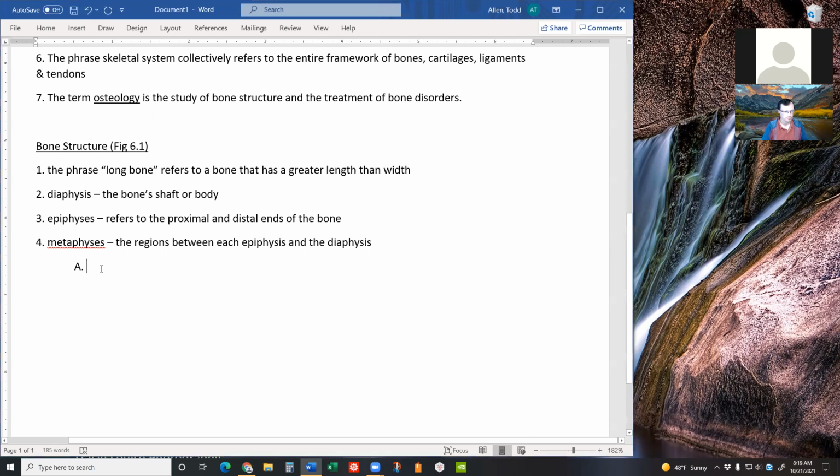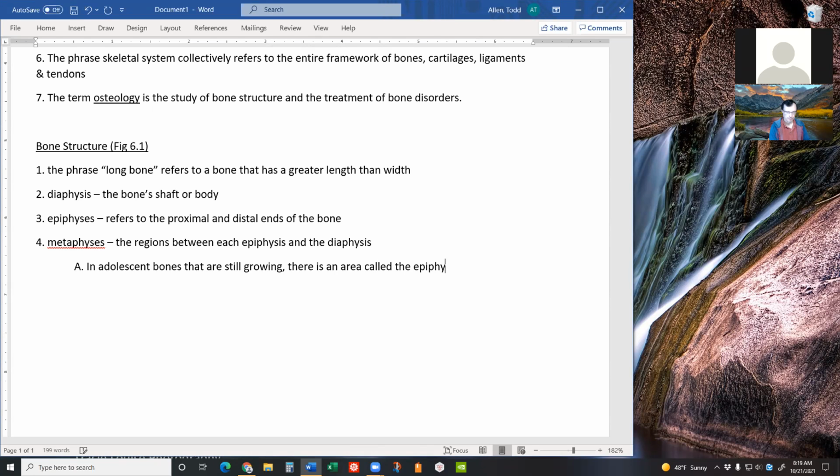All right. So let's do this. Long bones grow in adolescent bones that are still growing. There is an area called the epiphyseal growth plate.